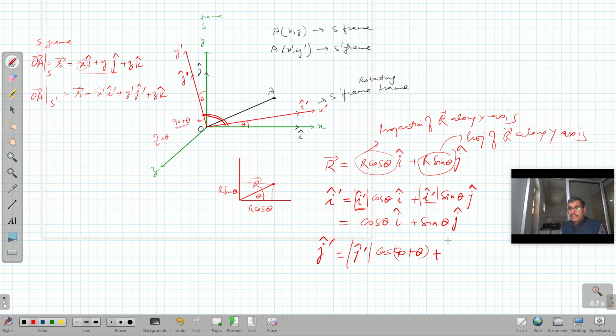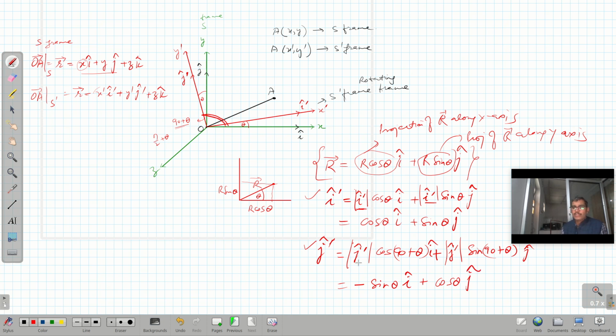Similarly, it is j prime cap, sine of 90 plus theta, and here it is i cap and here it is j cap. Basically I am generalizing this concept for the i prime cap and the j prime cap. So cos of 90 plus theta is minus sine theta i cap, plus cos theta j cap.